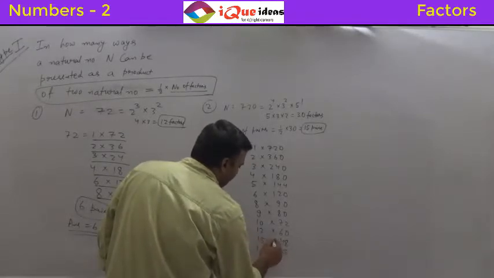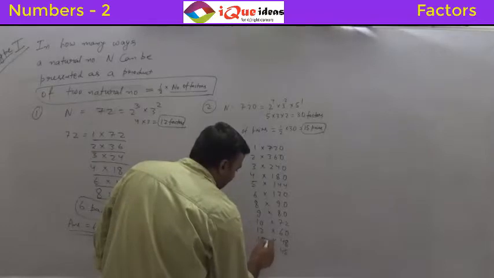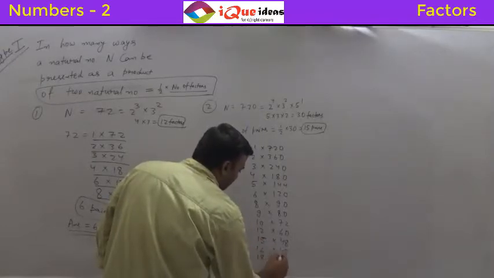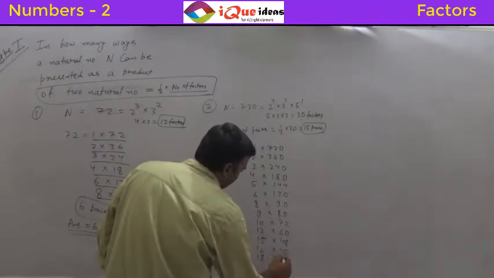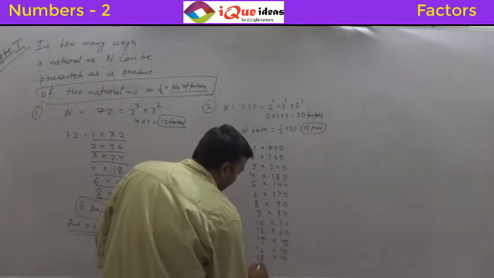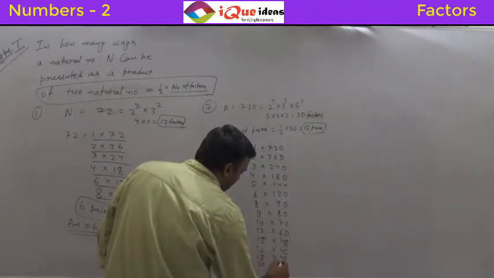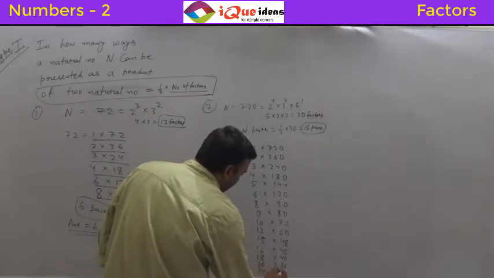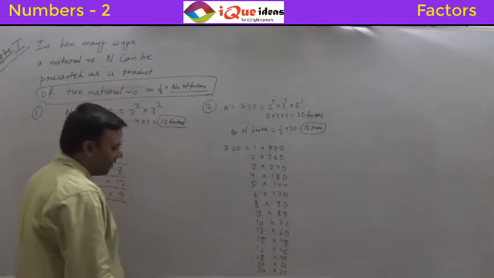If you have already factorized, it will help. 17 will not be there, 18 into 40, 19 will not be there, 20 into 36, and then 24 into 30. Have I missed anyone?